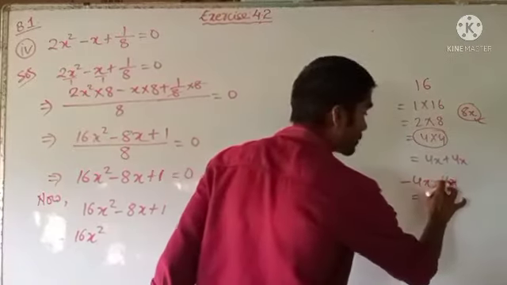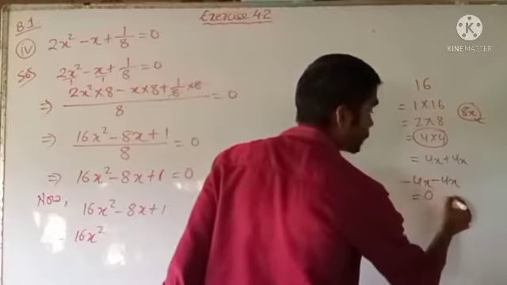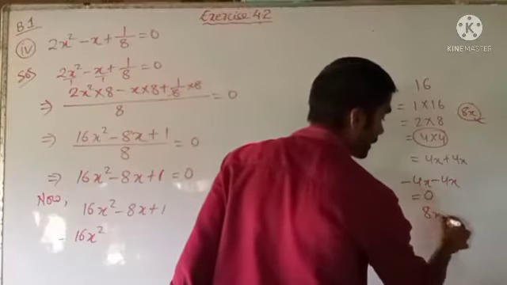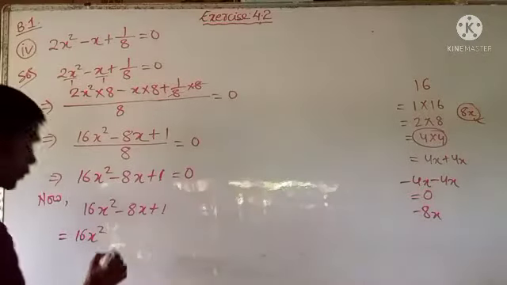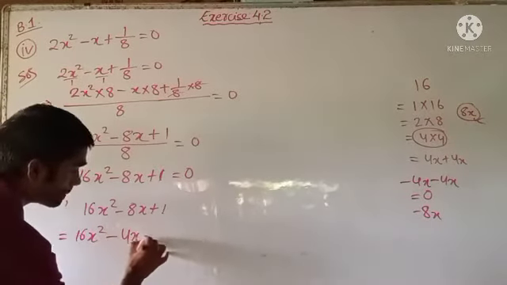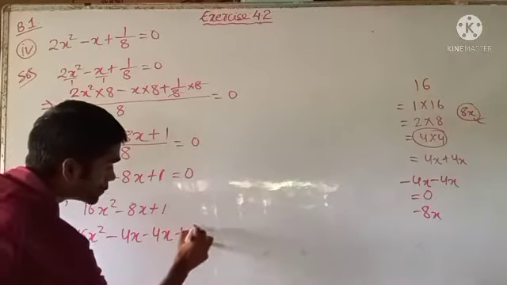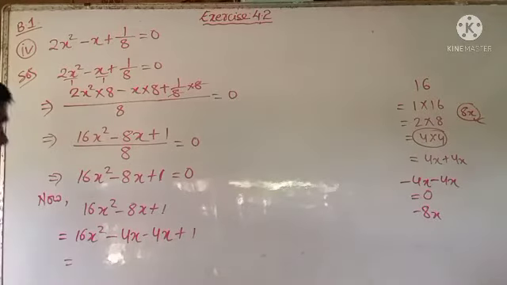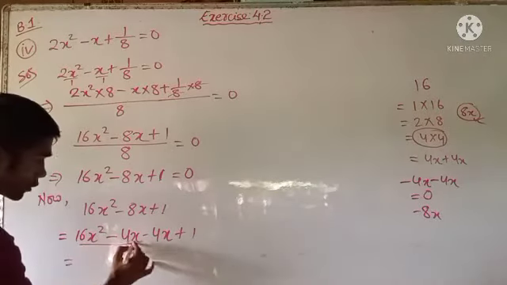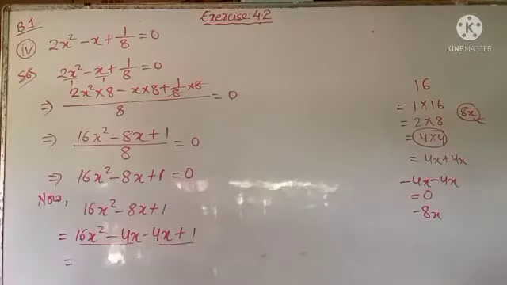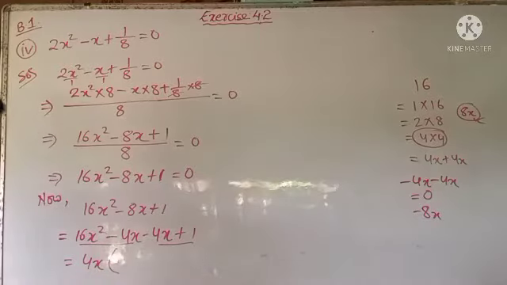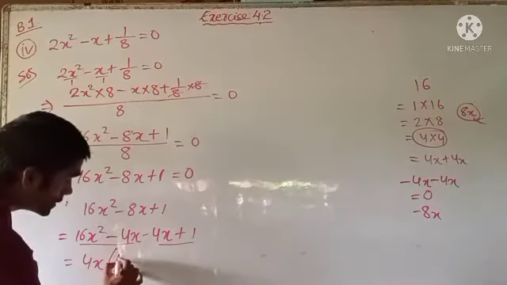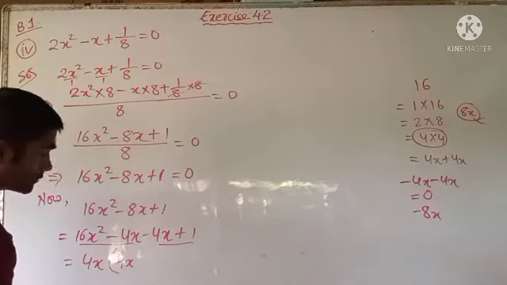Now if it is changed into minus 4x, then we'll get here 8x and the sign is minus. So we'll get the minus 8x. So what we'll do is minus 4x plus 1. Now among these two we'll take common and among these two also we'll take common. So here we can see 4x is common. If we take 4x common from 16x square, what is left? 4x is left.